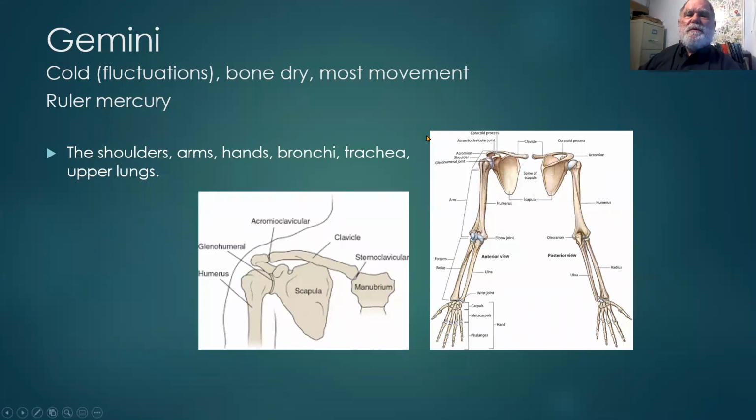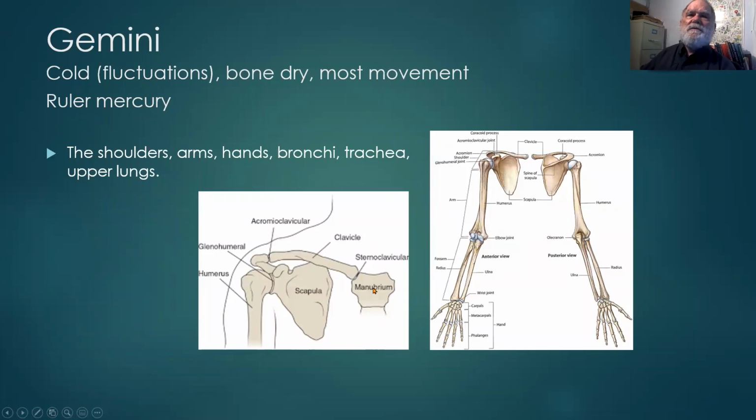People remember the arm and everything, but it rules all this stuff that holds the arm up also. So this would also be the collarbone, the scapula, everything that supports the shoulder joint, and all the little bones of the fingers.